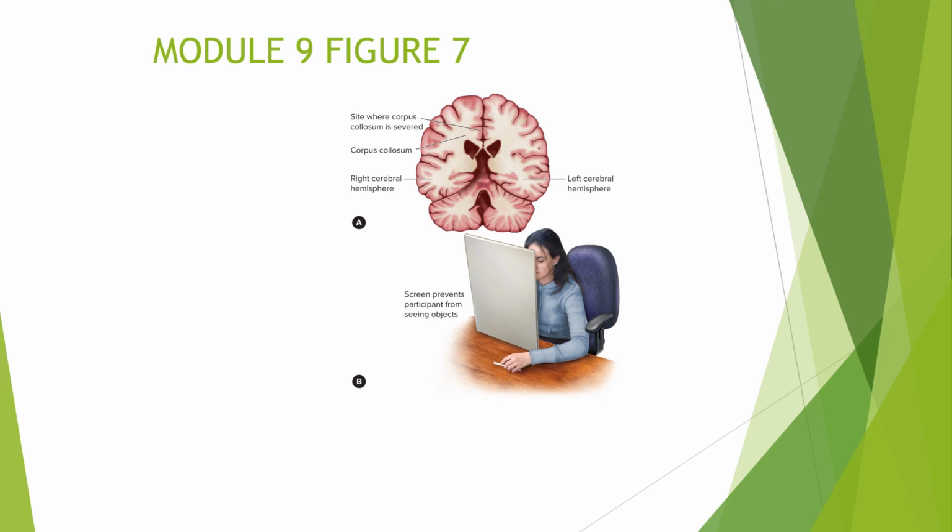And remember, information crosses to the opposite side of the body. So if you touch something with your right hand, it's going to go to the left hemisphere, and then you could say what that object was. However, if you touch that object with your left hand, it's going to go to the right hemisphere, and you cannot say what the object is.